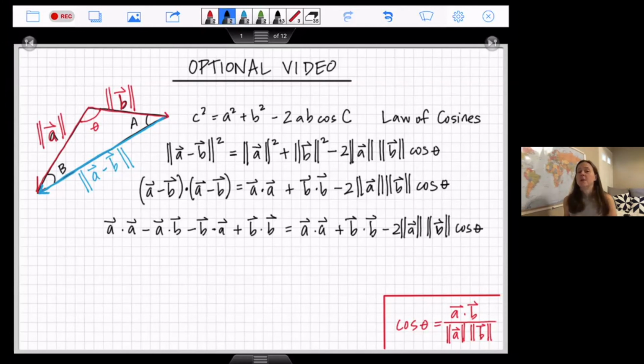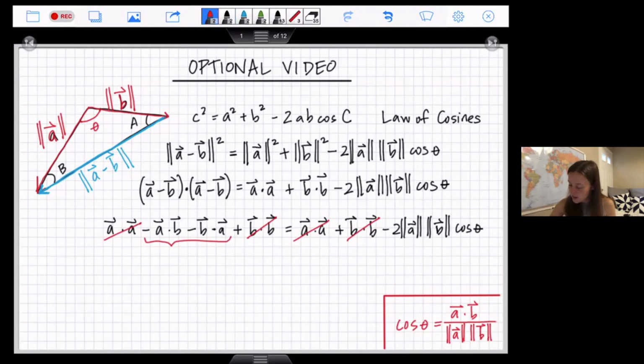All right, let's see. Ooh, that looks like a mess. But notice that we have a lot of stuff on the right and the left that can cancel out. Remember, a dot product is just a number. So I can subtract whatever A dot A is from both sides, and that would cancel out those values. And I have a B dot B on both sides that also cancel out. And these two, A dot B and B dot A, we had another dot product property that said that those are the same thing.